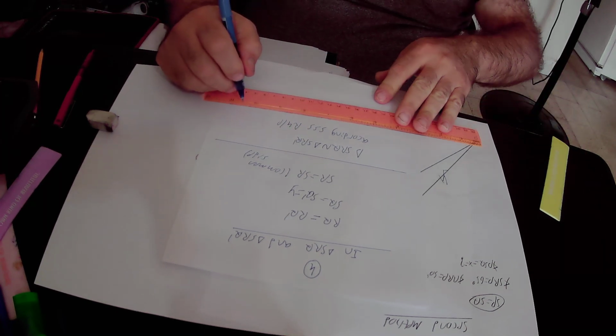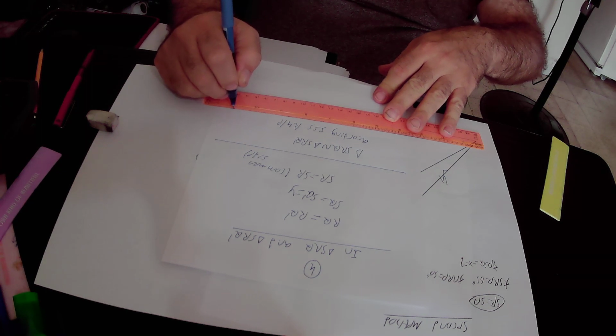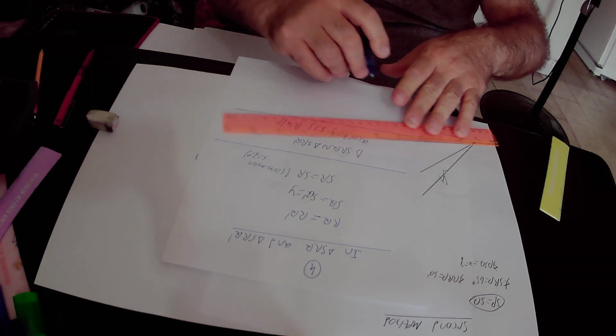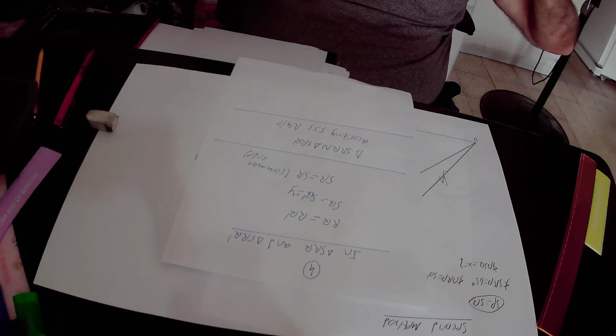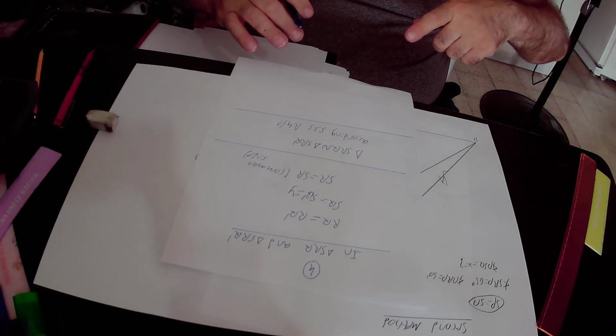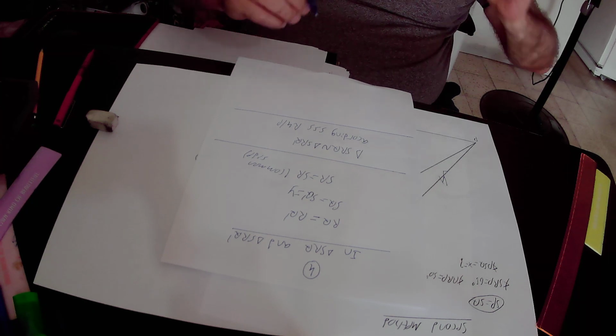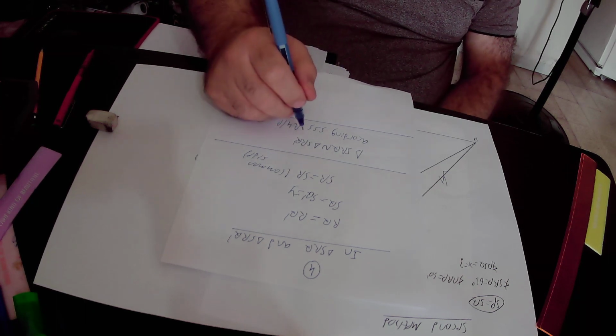So what is the side rule? The side rule says that if you prove that all the sides of one triangle are correspondingly equal to all the sides of the other triangle, then you actually proved that those two triangles are congruent according to the side rule. Okay?